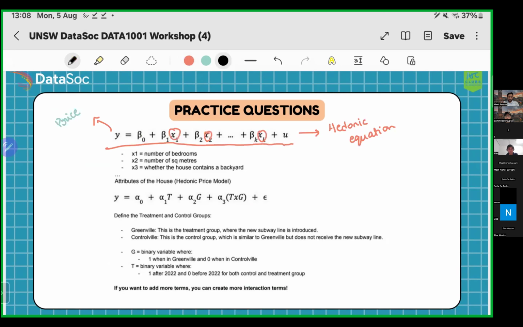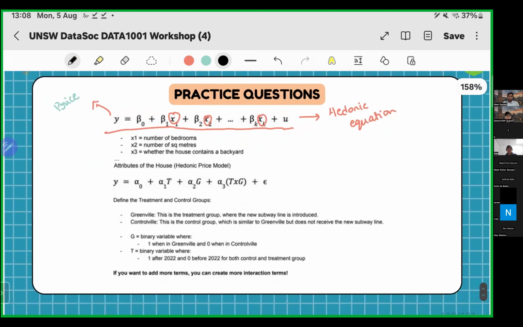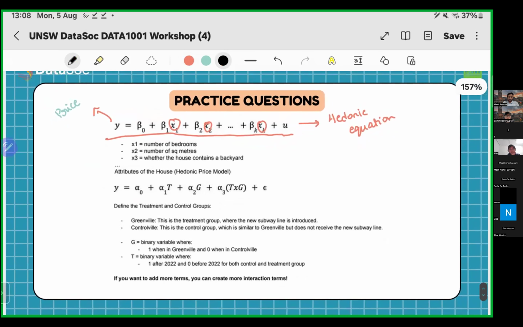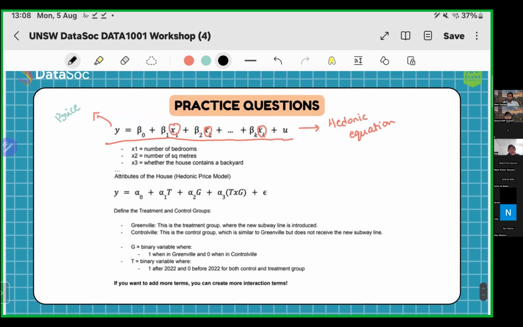For example, number of bedrooms, number of square meters, whether the house contains a backyard or not, whether it has an ensuite, how many bathrooms it has, how many kitchens it has. All these features are used to calculate the price of the house.